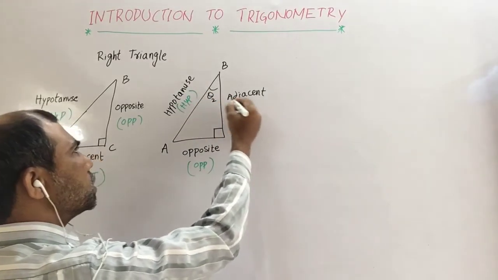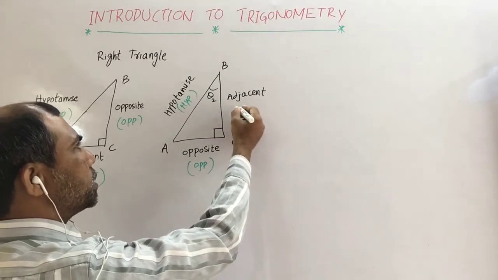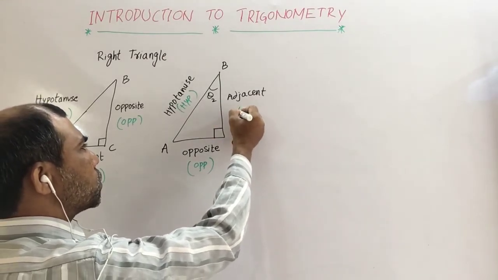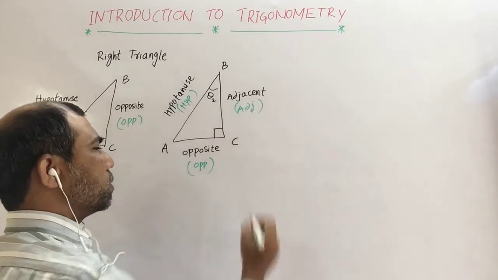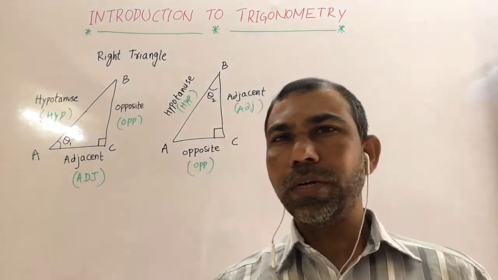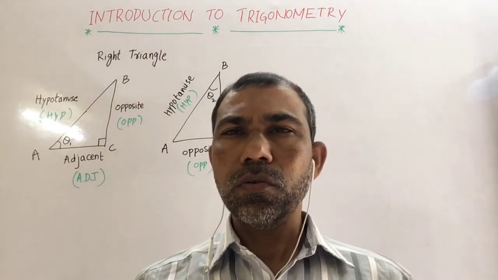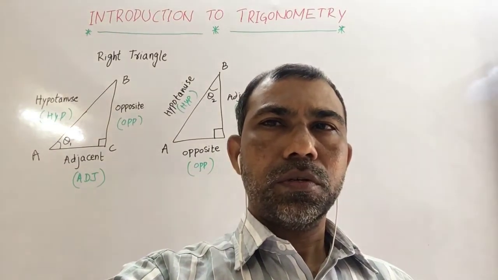And of course the remaining side, BC, is adjacent to θ2, so it is the adjacent side. So these are the very important terms you should understand in order to understand the concept of trigonometric ratios.